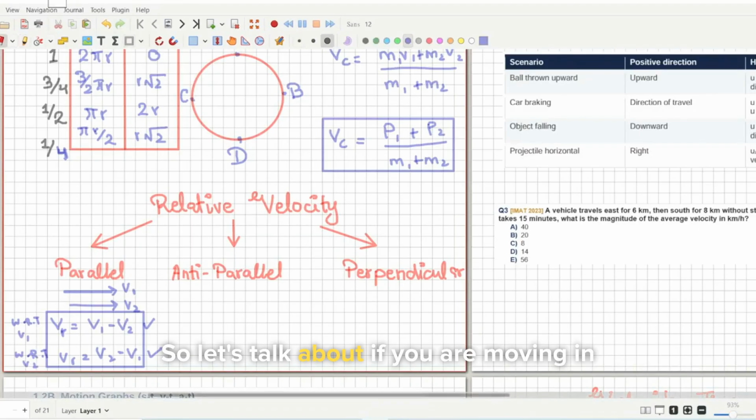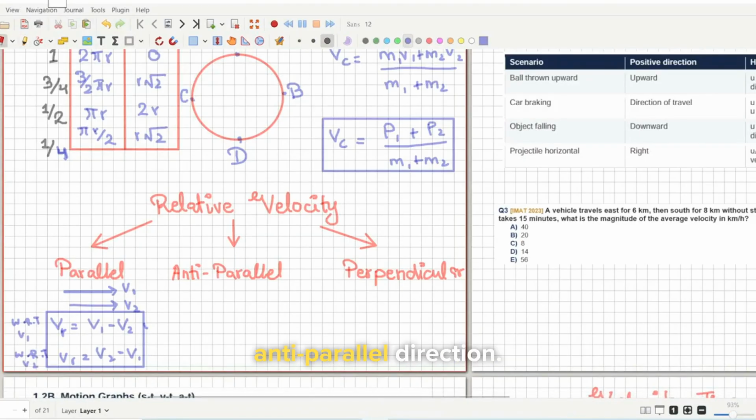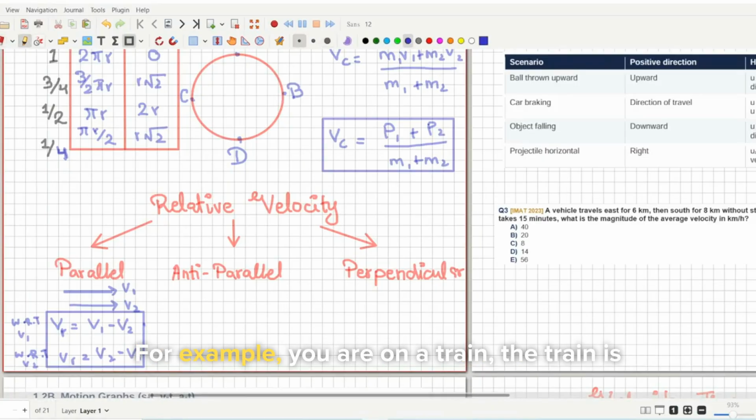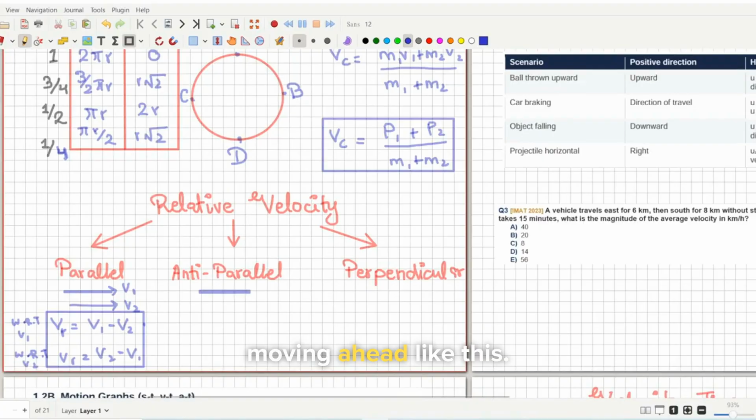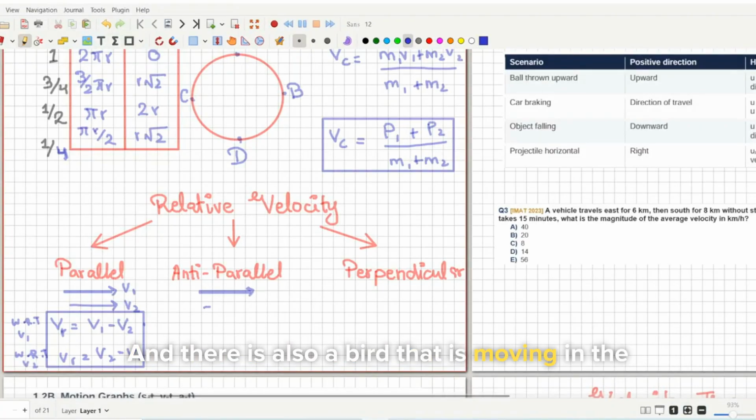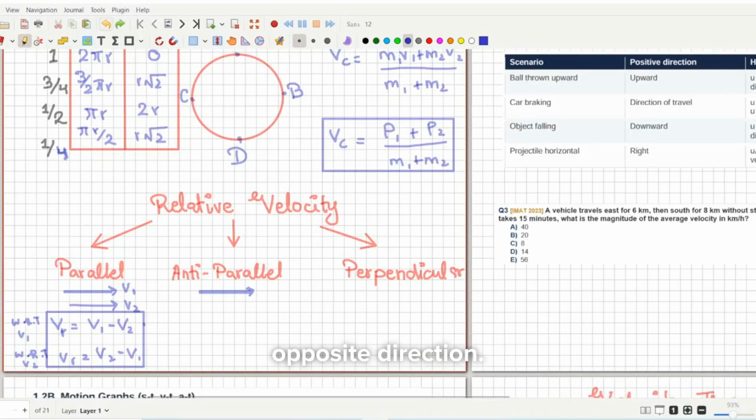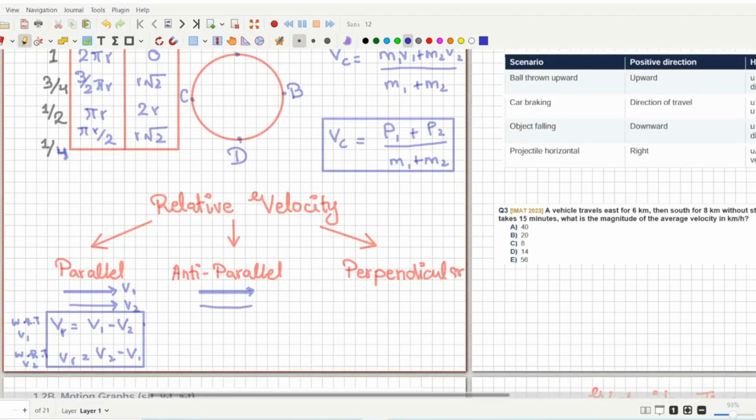So let's talk about if you are moving in an anti-parallel direction. For example, you are on a train, the train is moving ahead like this, it is moving forward, right? And there is also a bird that is moving in the opposite direction. What would happen? Both of you feel like the bird is moving faster, right?